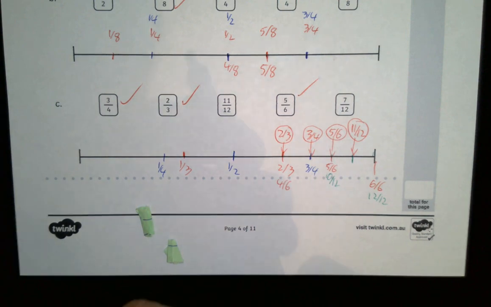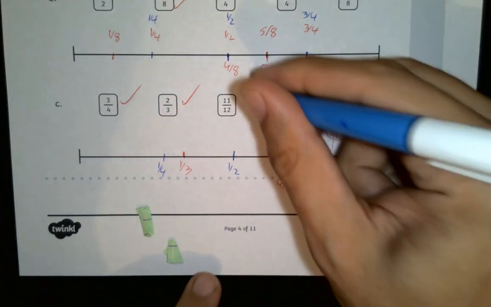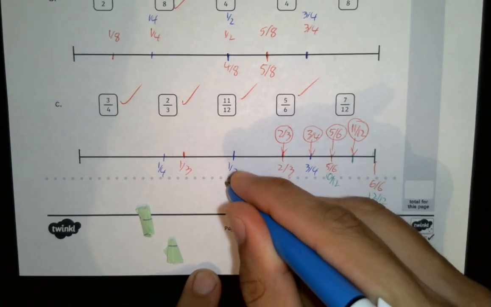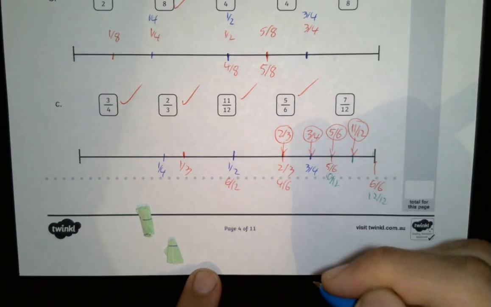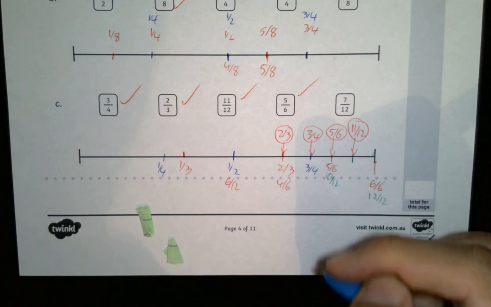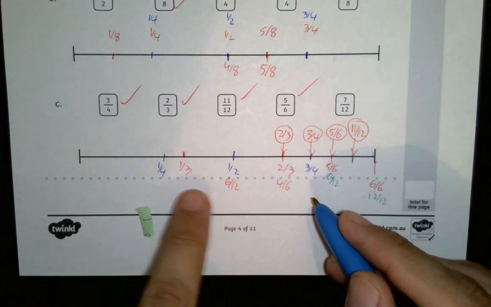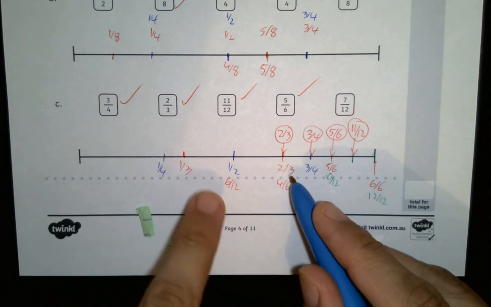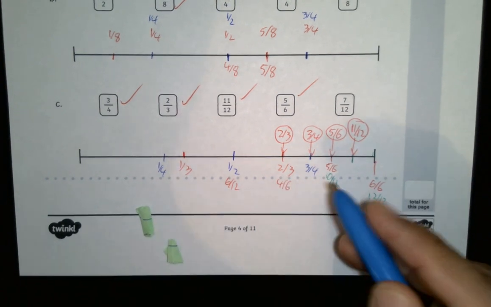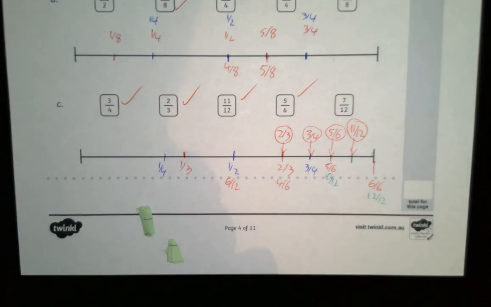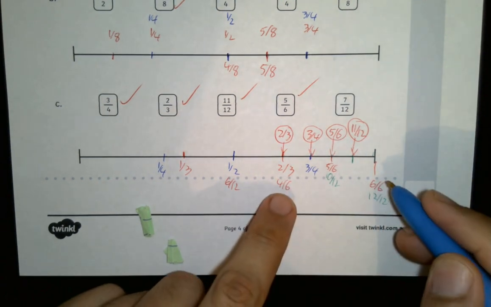And now 7/12 is the last one we need to do. A half times by 6 will get 6/12. But we need 7/12. So here is my thirds. Well, we should know that it's going to be only just a little bit over each section.